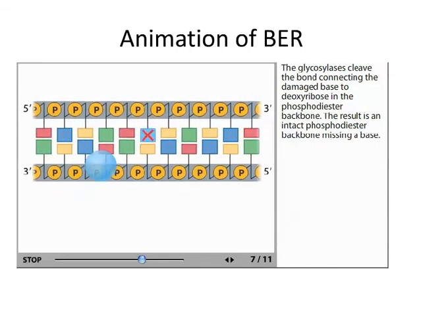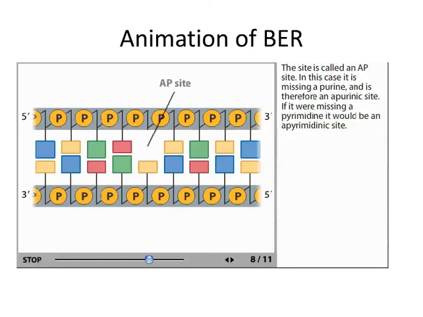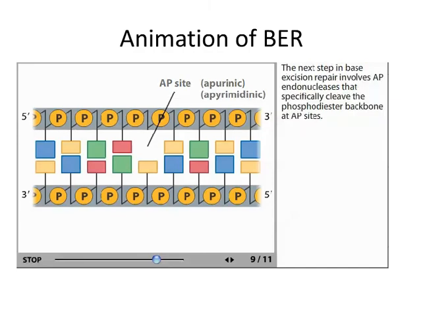The glycosylases cleave the bond connecting the damaged base to deoxyribose in the phosphodiester backbone. The result is an intact phosphodiester backbone missing a base. The site is called an AP site. In this case, it is missing a purine and is therefore an apurinic site. If it were missing a pyrimidine, it would be an apyrimidinic site.